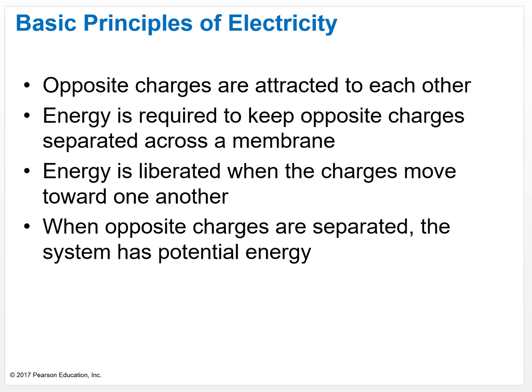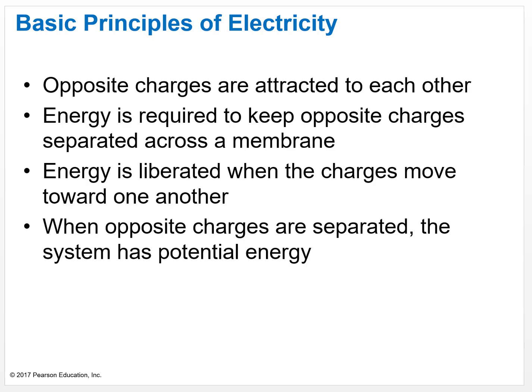All right, so when the energy is liberated, that's when those charges move towards one another. We're going to open up those doors and windows. And when the opposite charges are separated, the system has a potential energy. And that's our topic today, is how do these cells set up that resting membrane potential, that potential energy they can use when they need to use it to talk to the cell downstream from them.